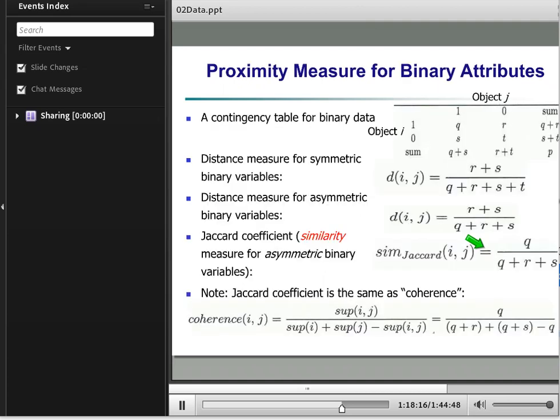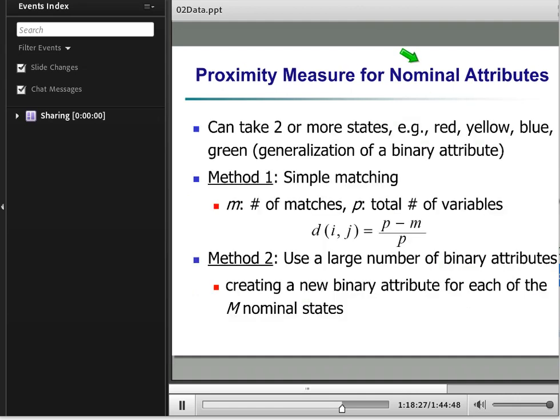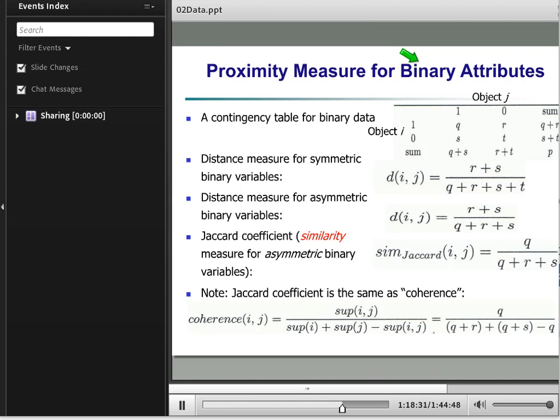Another method is that we can use a large number of binary attributes. We can create a binary attribute and talk about them. 0 means there is no distance. 1 means they are far from each other.